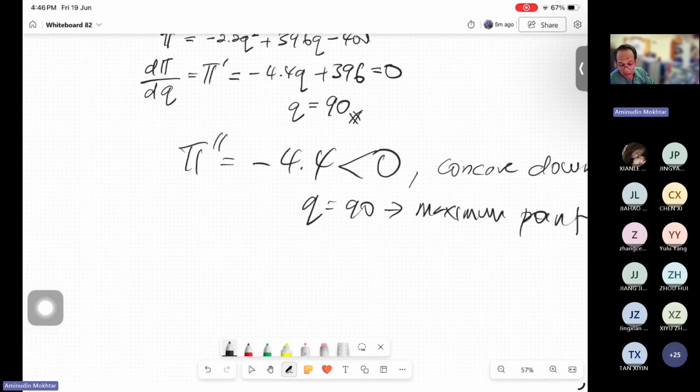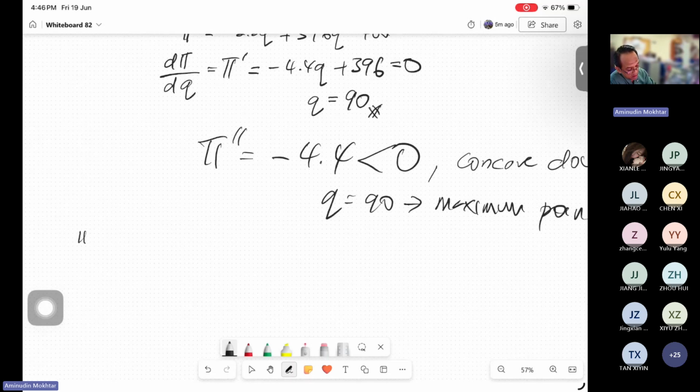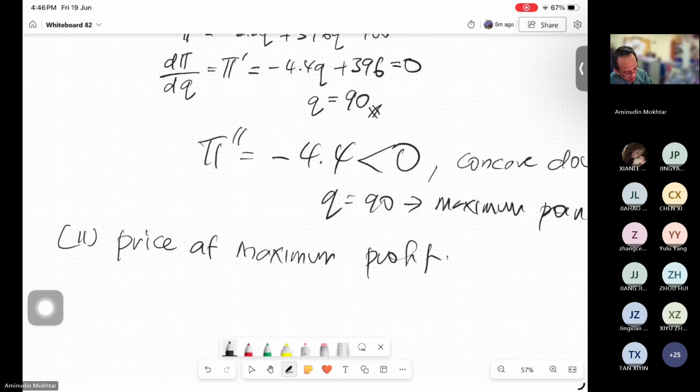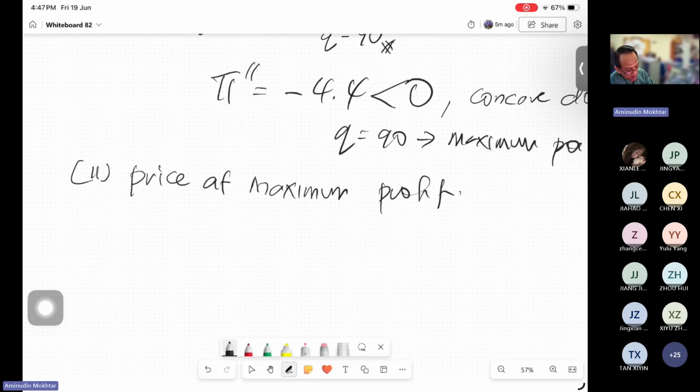Okay, so then the next question is, let's say, find P, the price at maximum profit. We have Q, the maximum quantity, is 90, and P equals 400 minus 2Q from the demand.